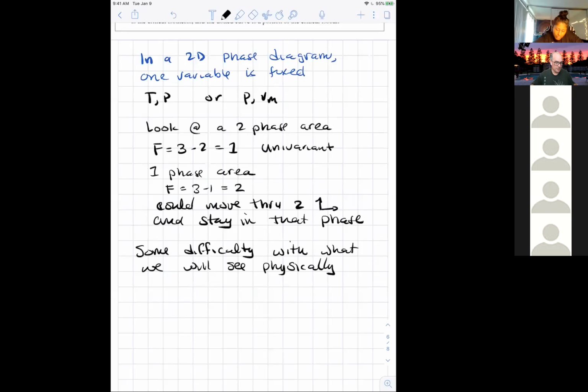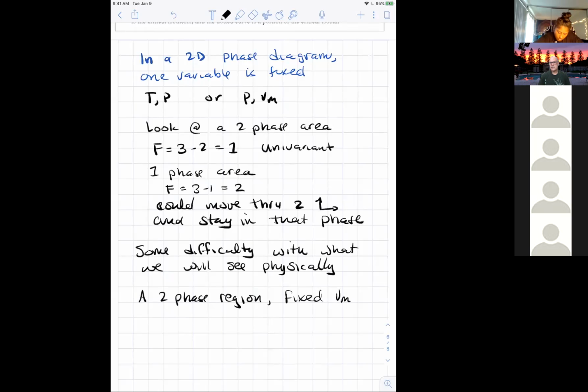So, for example, a 2-phase region with fixed VM, this is actually maybe going to give us an apparent molar volume, or an average.